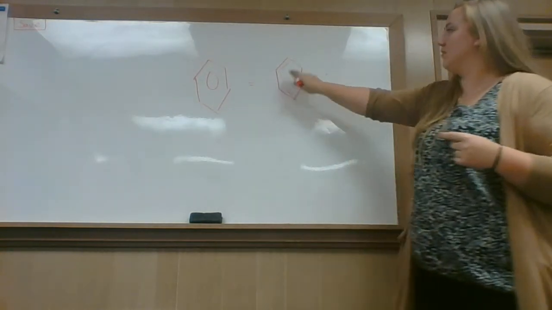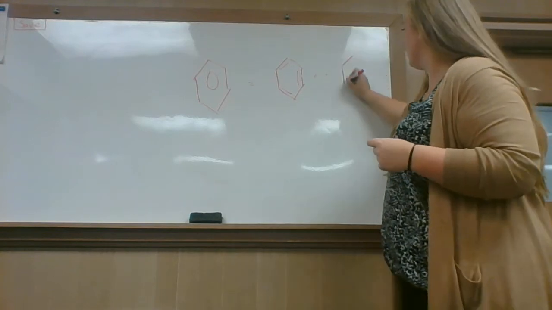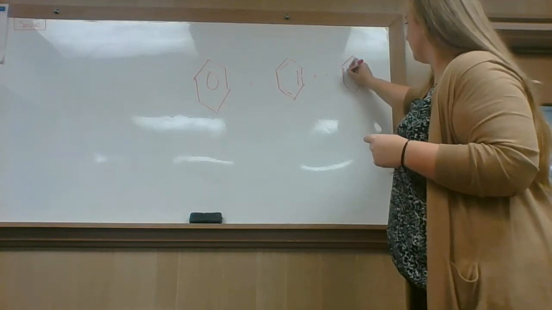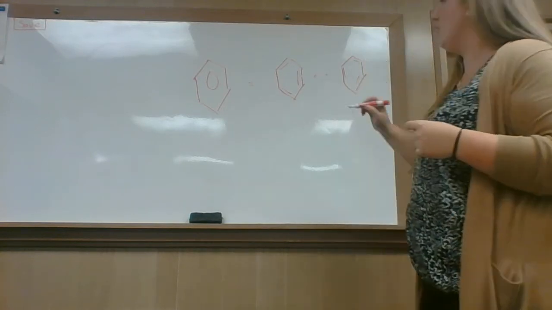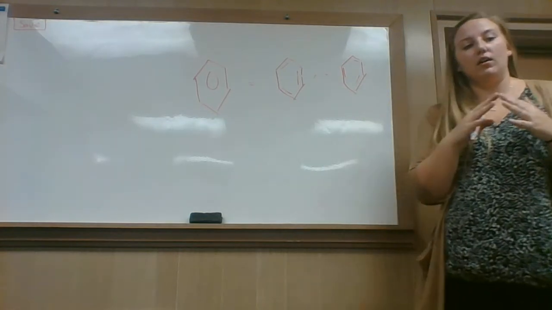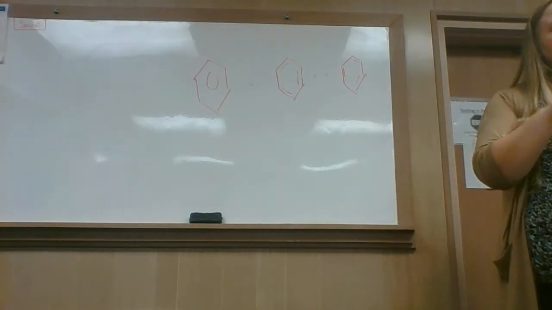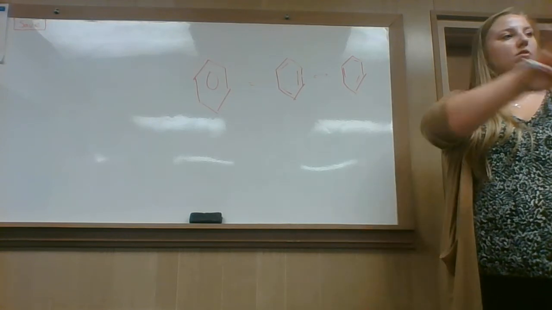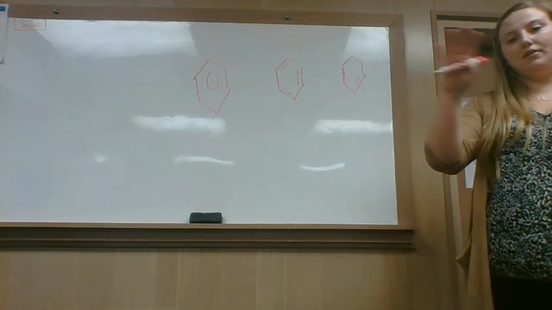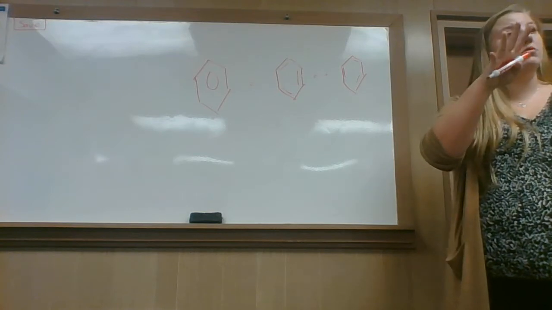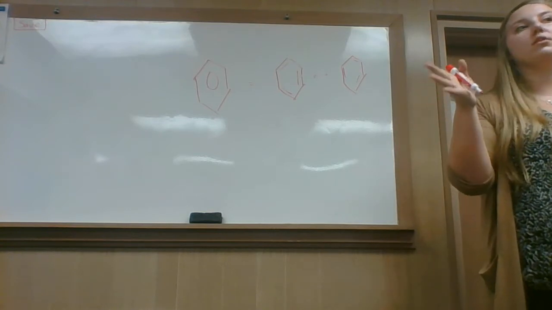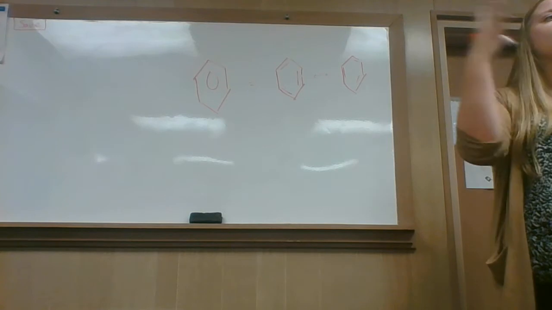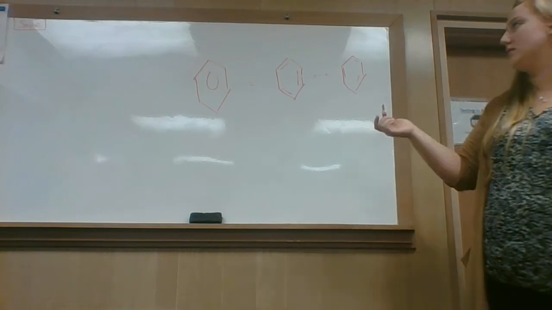So this could also be this. Now essentially, when you have single and double bonds right next to each other, the electrons in the double bonds will move towards the single bonds and back and forth. So you may hear the term electron delocalization, which is just a fancy name for electron movement. Okay, that's all it means. Delocalization out of its normal position.